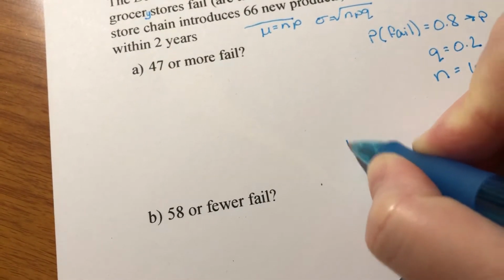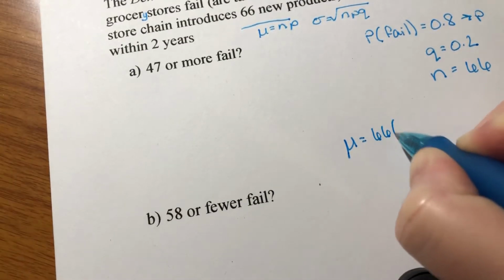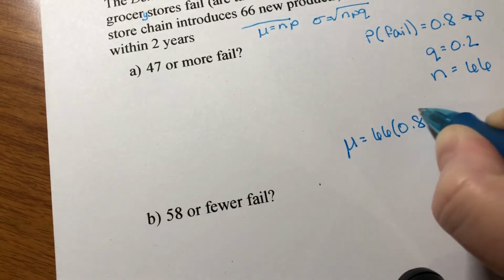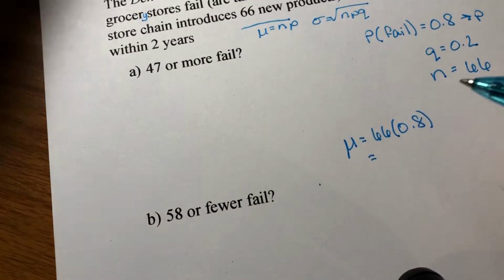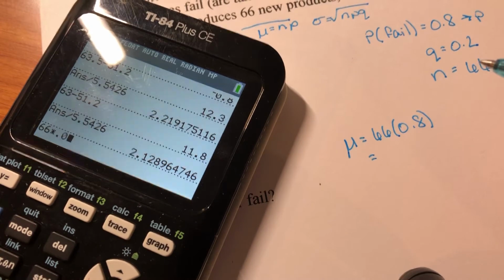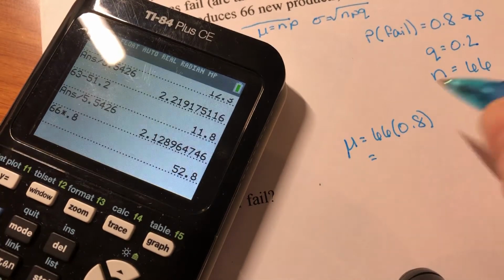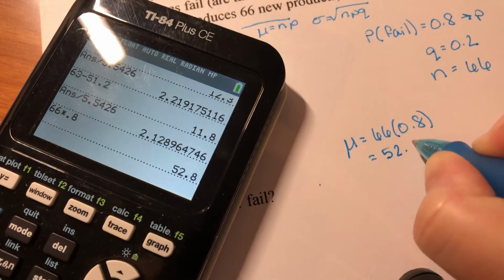But let's go ahead and find mu. Mu in our case is going to be 66 times 0.8. If I pull the calculator over, 66 times 0.8 is going to be 52.8.